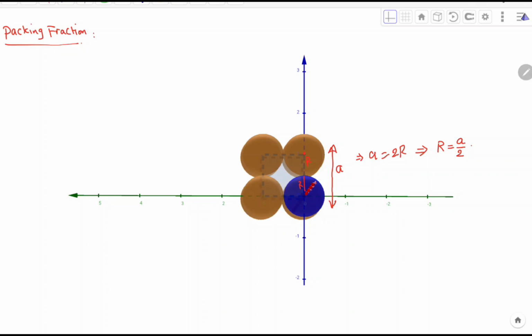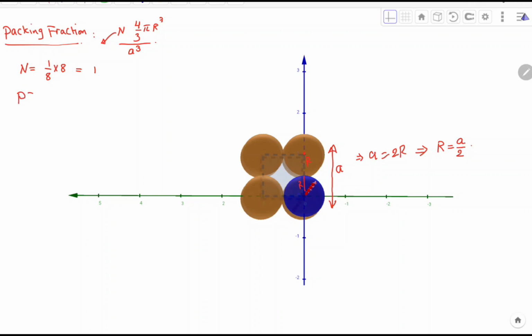So it's defined as n multiplied by the volume of the sphere, divided by a cubed. n, in this case for the simple cubic crystal, is equal to 1, since 1/8 times 8 is equal to 1. The number of atoms in the primitive cell here is equal to 1.